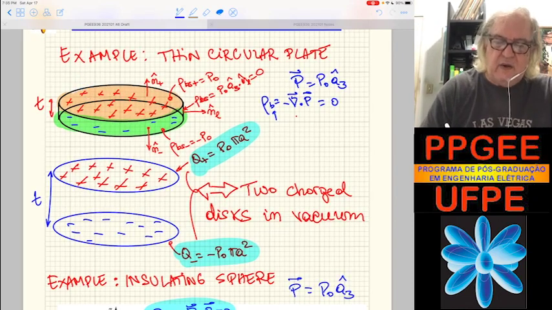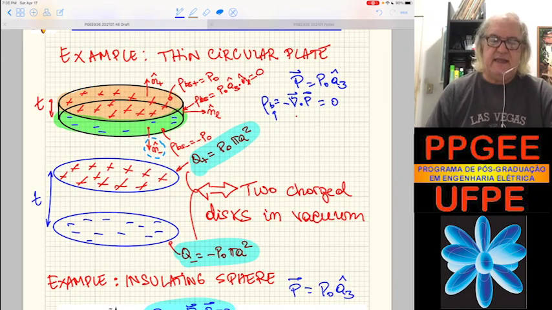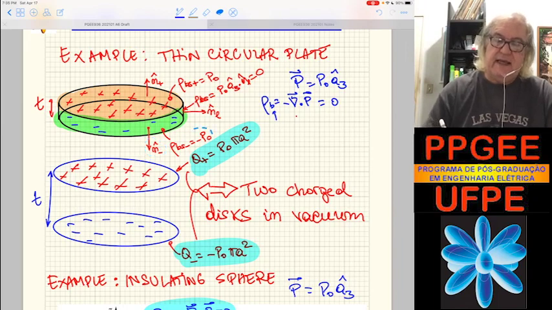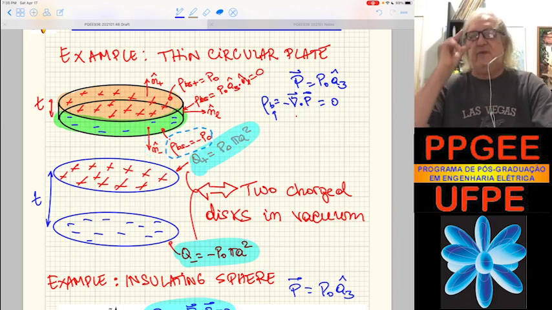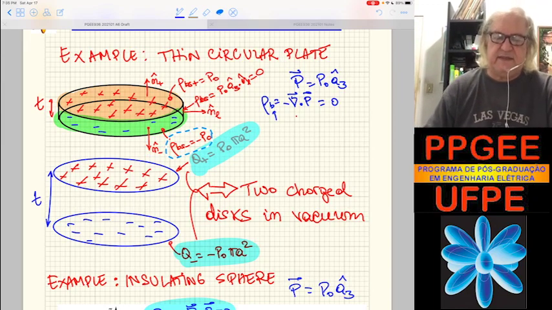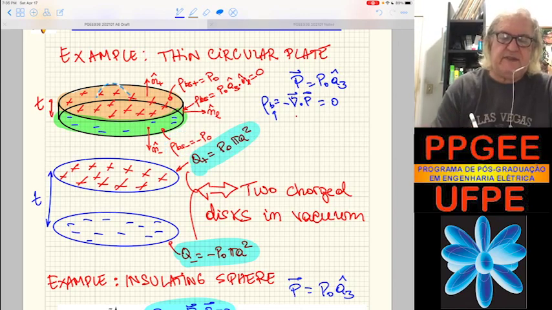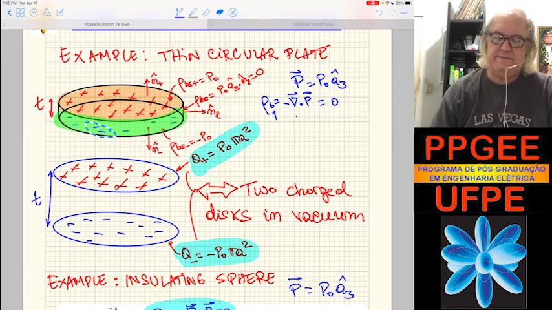The same thing on the lower part. The normal outwards is minus a_z, so the contribution gives a minus P0 coulomb per square meter on the lower surface. So let's say that P0 is positive, so I have positive charge on the top surface, negative charge on the lower surface, right?